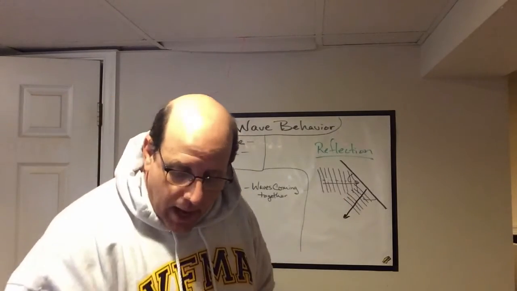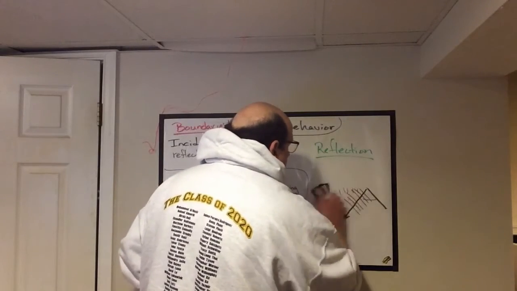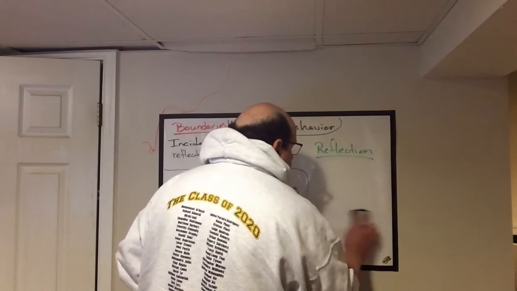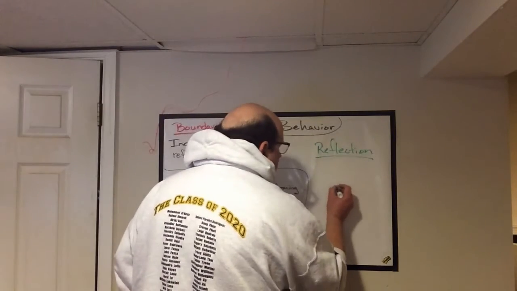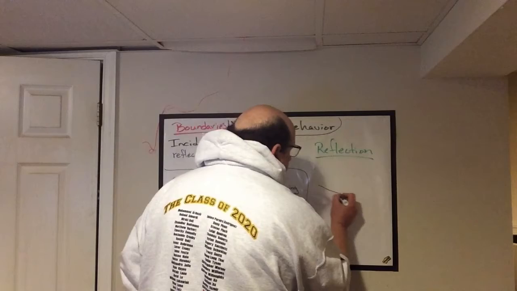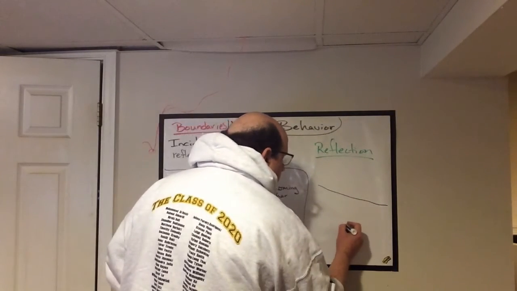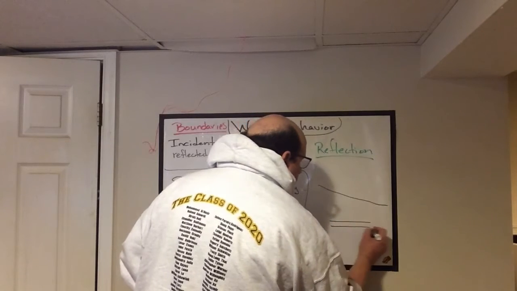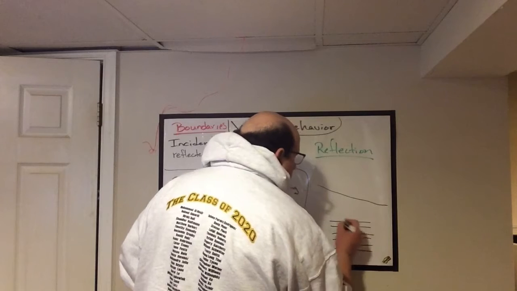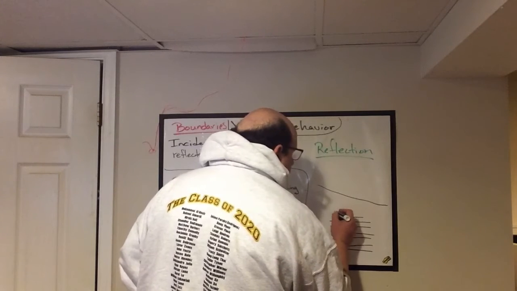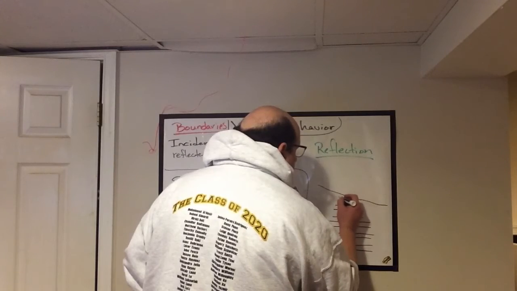So what happens if we have a wave in the ocean and we have just like the shoreline comes out this way, but this is deeper in the ocean and the waves are coming in this way, and it's pretty slow, right? And then as it gets closer, it speeds up.